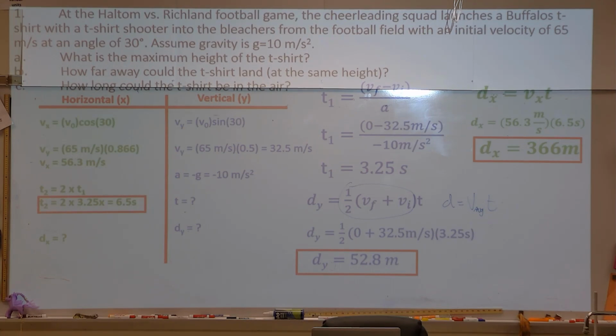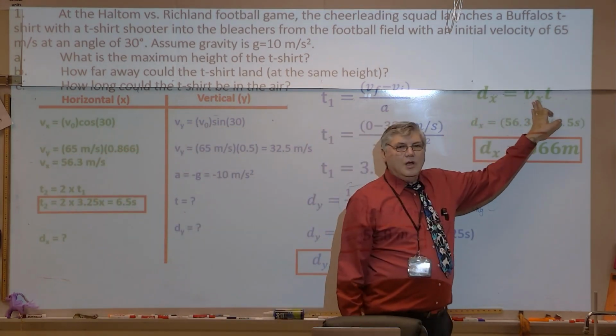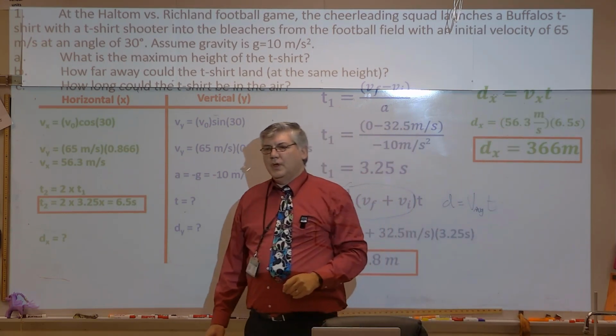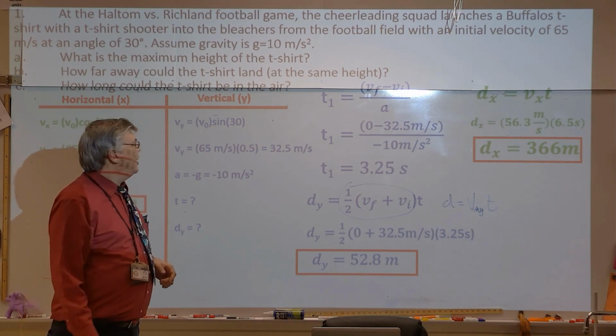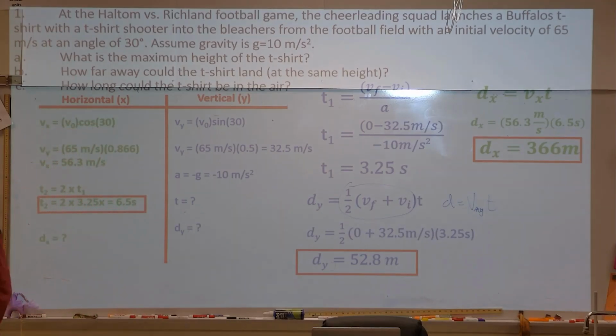If you know the velocity and the distance over here, you can solve for time with this equation. But most of the time you don't know that. Alternatively, on this side, you can often solve for time if you know the height that it goes to.